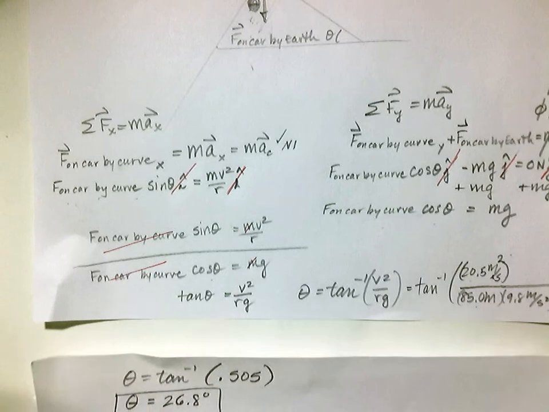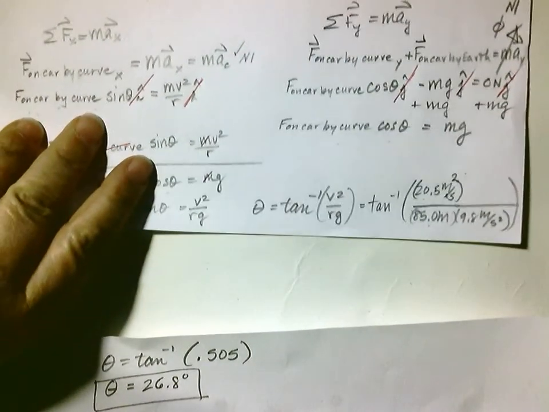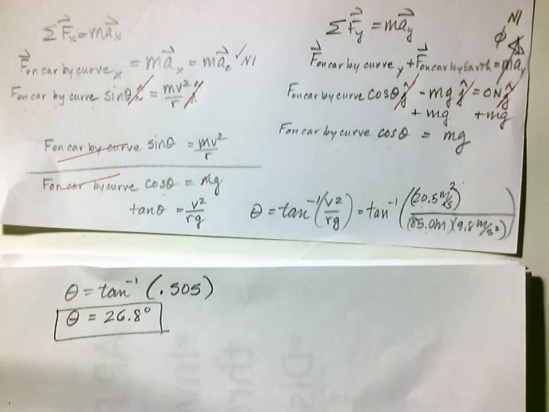26.8 degrees. Now, I want you to think about this. I'm not sure what the answer is, but think about how you feel going around banked curves when you're coming off the highway. And that's usually when you find them, when you're going at fast speeds and you're coming off. Why do they have the speed limit set so low?